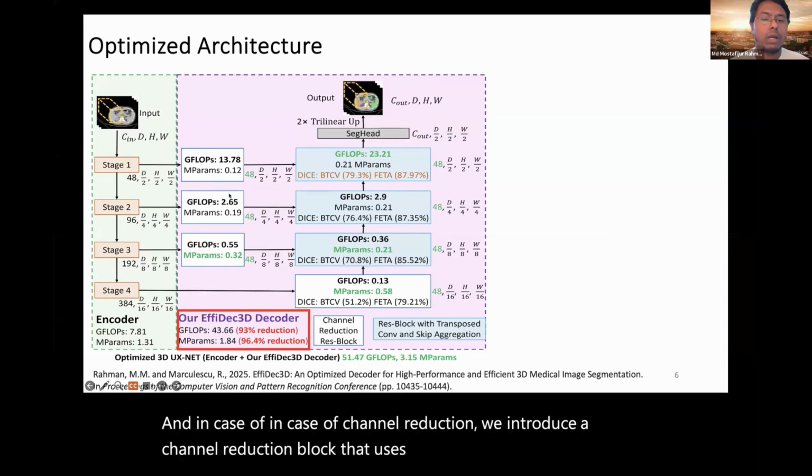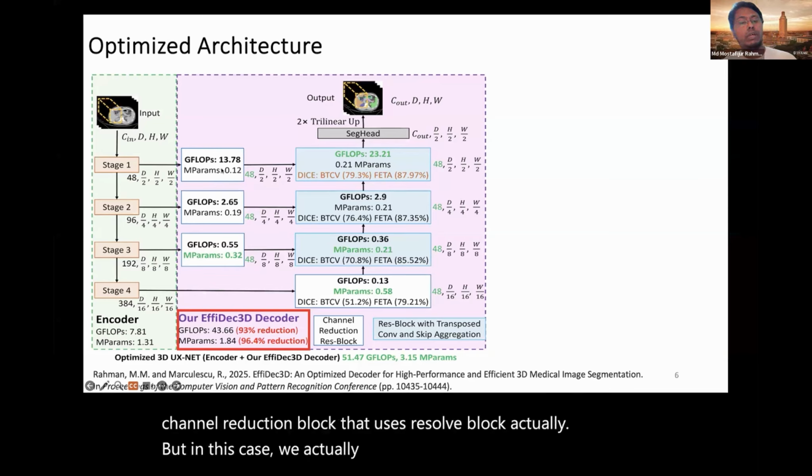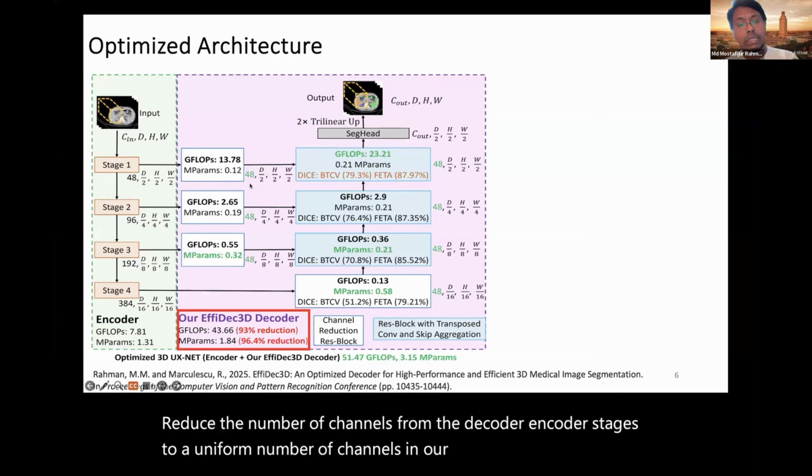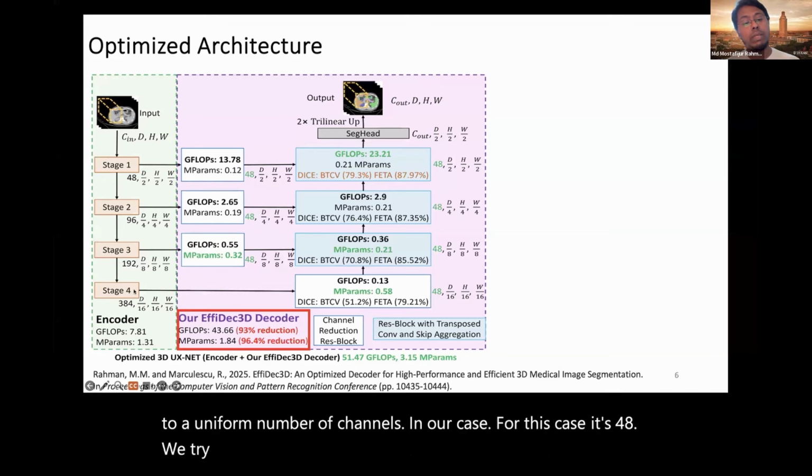For channel reduction, we introduce a channel reduction block that uses a residual block. We first reduce the number of channels from the encoder stages to a uniform number of channels. In our case, it's 48. We tried to find it using the minimum number of channels across the stages.